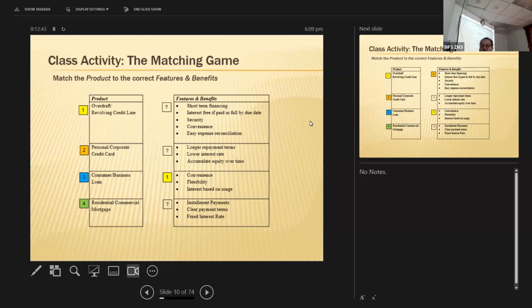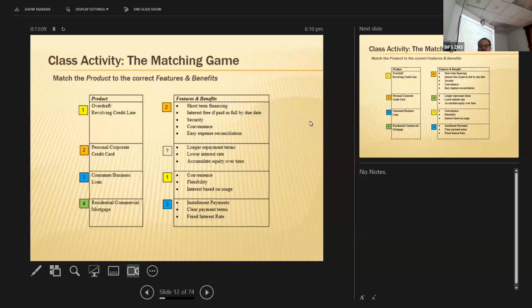What is the next one? Corporate credit card, personal or corporate credit card. Number one. Everyone agrees with that? Yes, okay. The third one, consumer or business loan. Number four, installment payments, clear payment terms, fixed interest rates, correct?